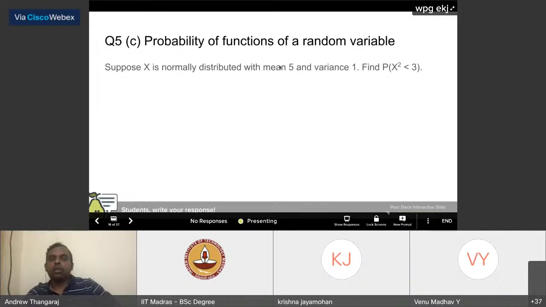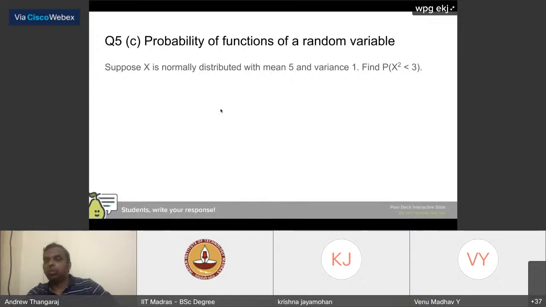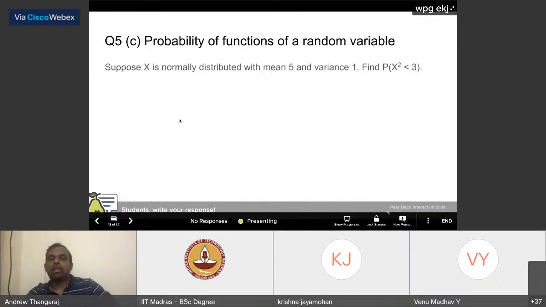The next one is normal. Again, x is normally distributed, mean 5, variance 1. You have to find the probability that x squared is less than 3. Again, you can express your answer in terms of FC. You don't need to simplify beyond FC. Leave your answer in terms of FC.